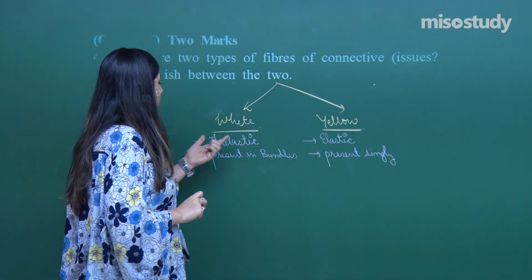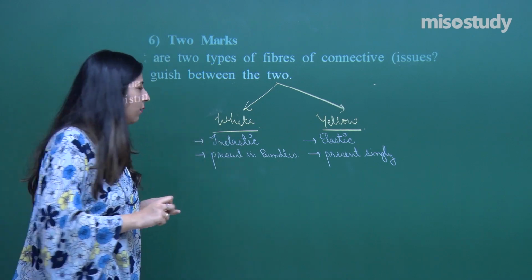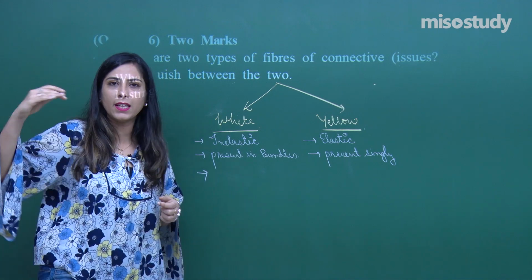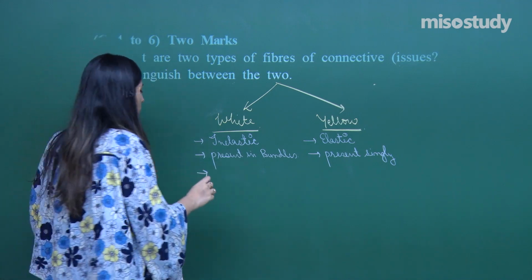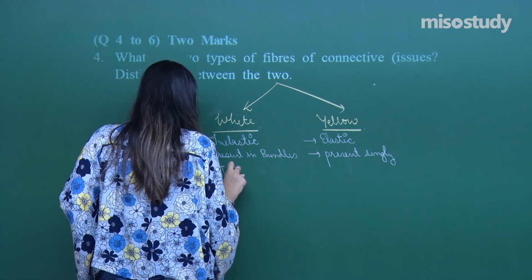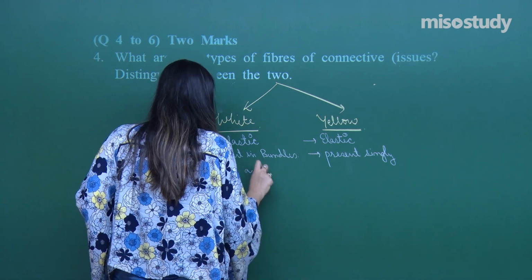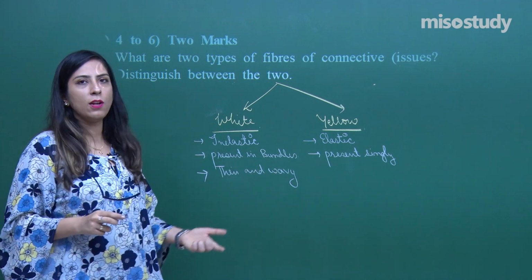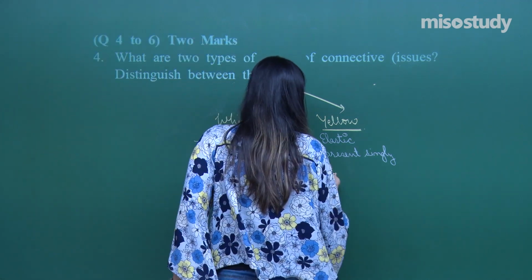Right? The white fibers are thin and wavy. When we see their structure, they are in the form of a wave. Whereas the yellow fibers are thick and straight.